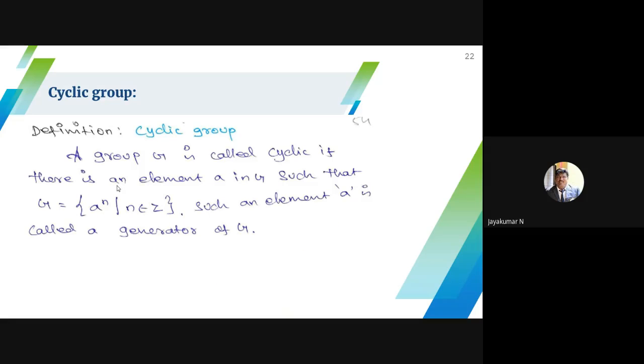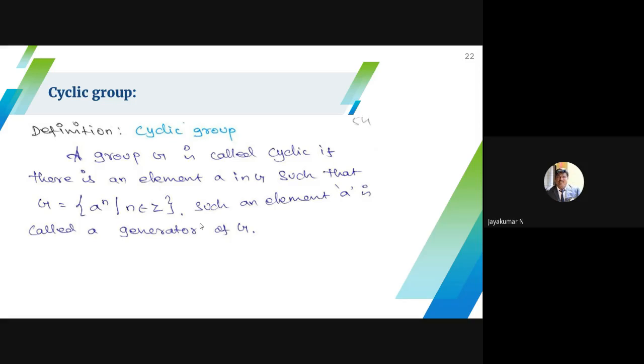This is another important one, the cyclic group. A group G is called cyclic if there is an element a in G such that G is equal to {a^n : n belongs to Z}. Such an element a is called a generator of G. Simply I can explain: cyclic group means, first of all, it is a group.